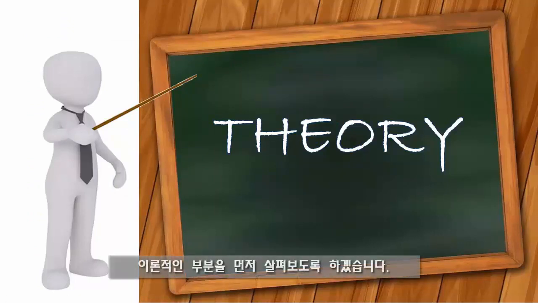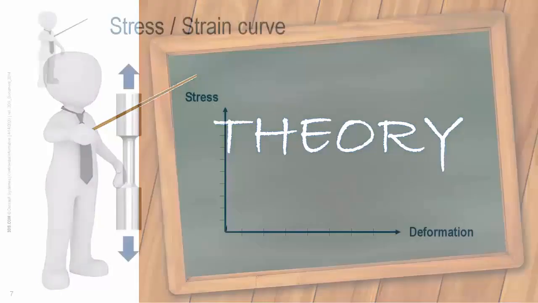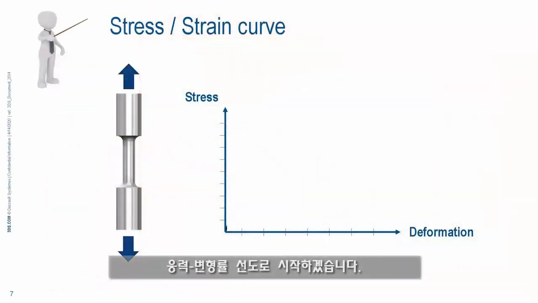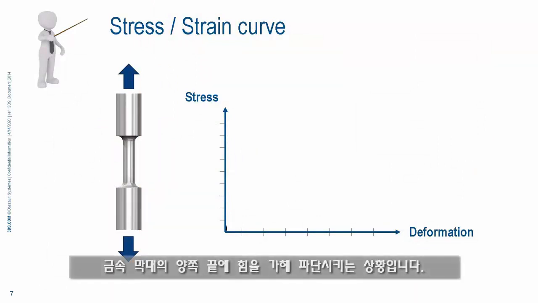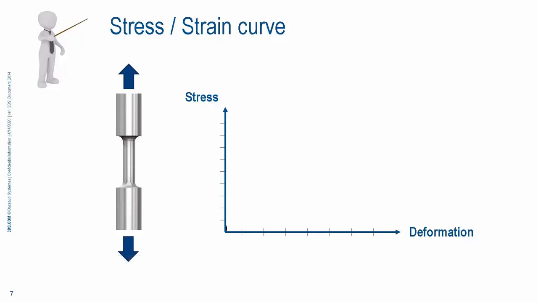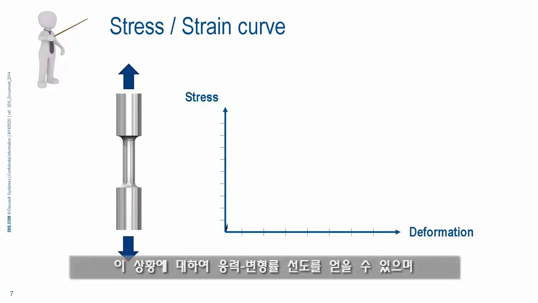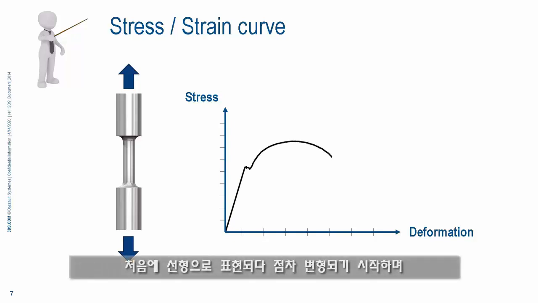So let's start with the theory behind this. What's the thought and what's the theory behind this? Well, we can get started with the stress-strain curve. If we take a metal bar and put forces on each side here and try to break it, we end up with a curve, a stress-strain curve. And this curve is linear in the beginning, and then it starts to deflect and deform.